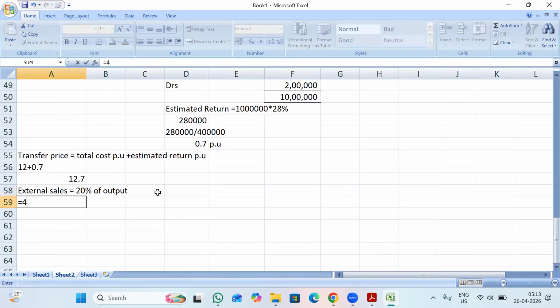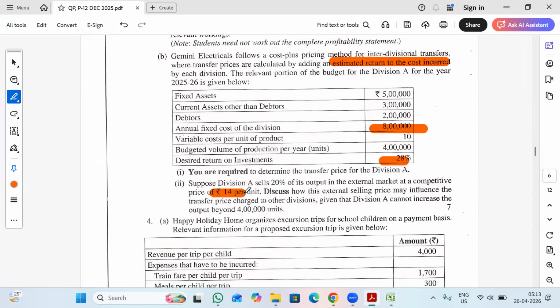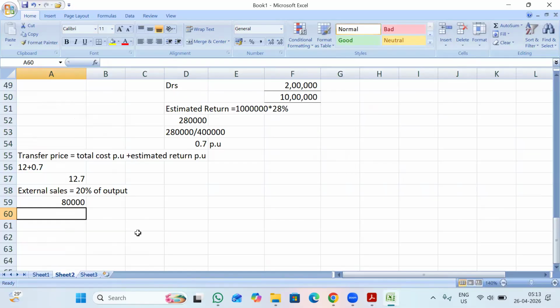So 4 lakhs into 20%, that means 80,000 I can sell outside. For how much am I selling it? 14 rupees per unit. So sales will be 80,000 into 14. That means here I am getting 11 lakh 20,000.